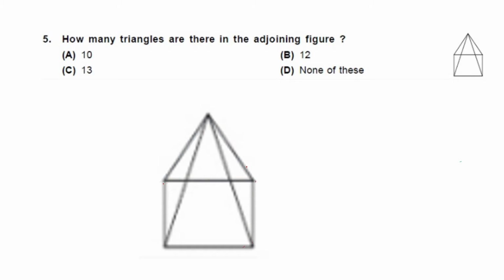Here we have the first triangle, which is the behind triangle. Then there's another triangle in the front. And then there are two more triangles here, one is here and the other one is here. So there are two more triangles along the side. So along the base, we have 4 triangles.